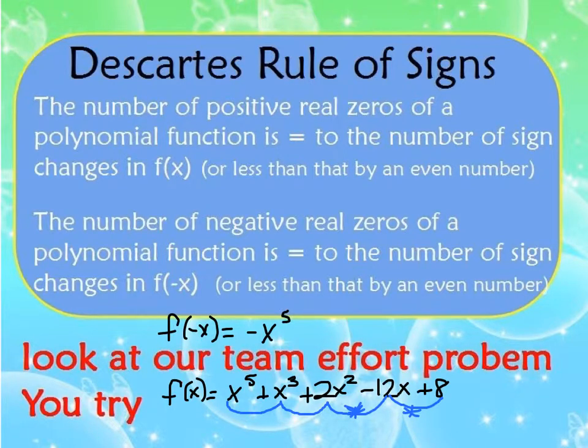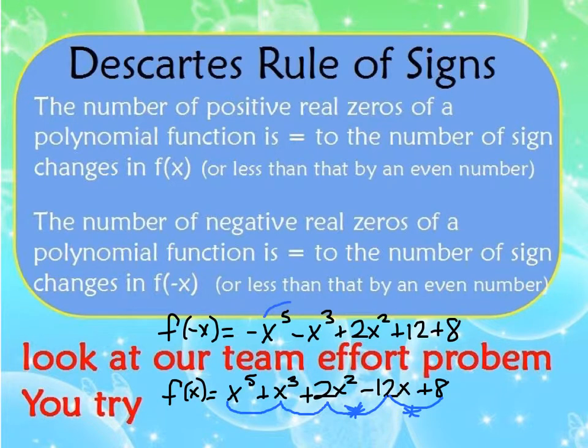A negative x to the third is going to be a negative x to the third. But on our next one, since we're squaring it, that's going to go back positive, so that'll stay a positive 2x squared. If I take a negative 12 times a negative x, that'll go to positive 12, and the 8 is not going to change.